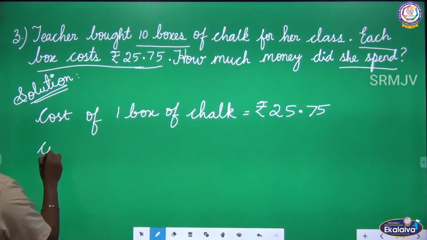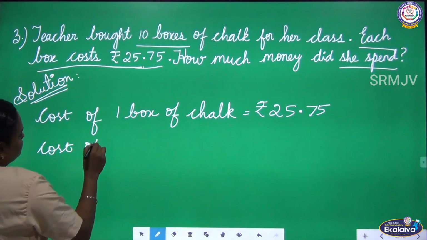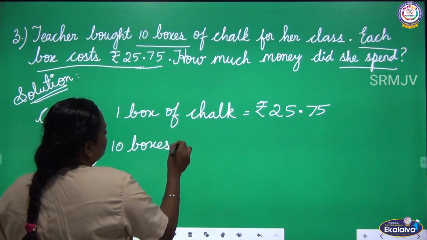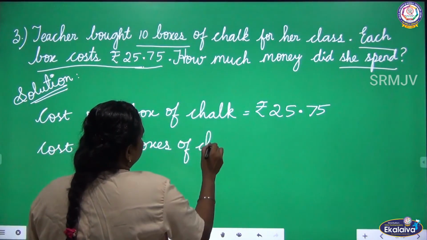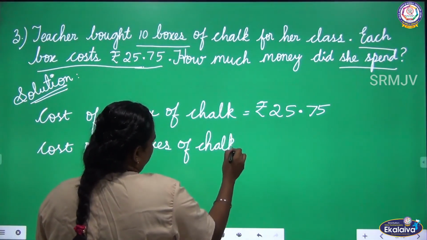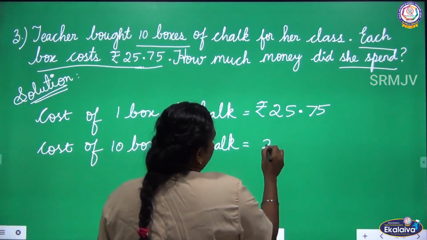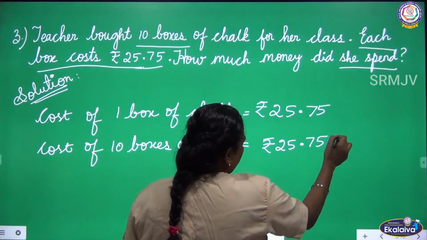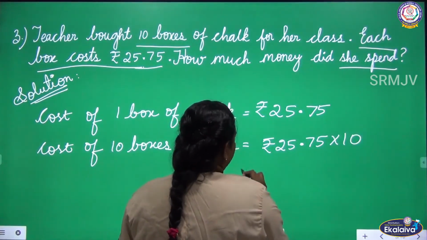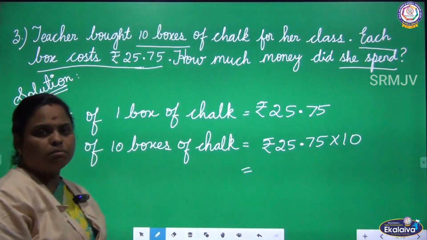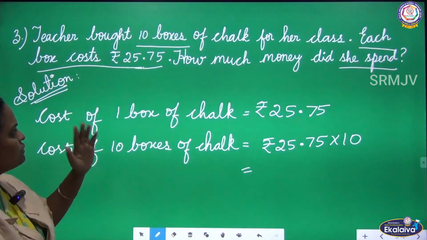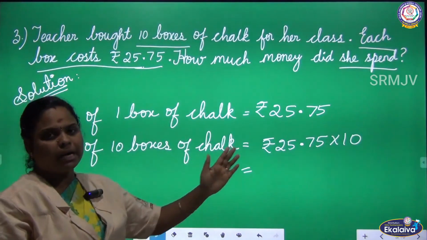Next, cost of 10 boxes of chalk equal to, you will multiply 25.75 by 10. So one box of chalk is 25 rupees 75 paise. So for 10 boxes of chalk you will multiply by 10.